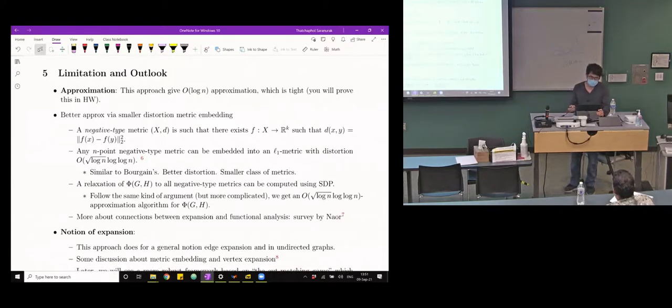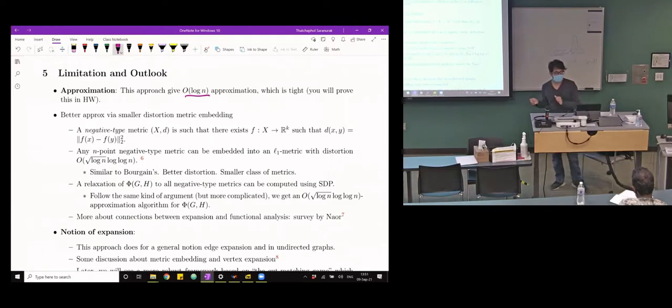Now I want to talk a bit more about the limitation of what we just saw and what is beyond it. The approach here gives you a log n approximation, and this approach will not be better than log n, and you will see why that is the case in the homework.